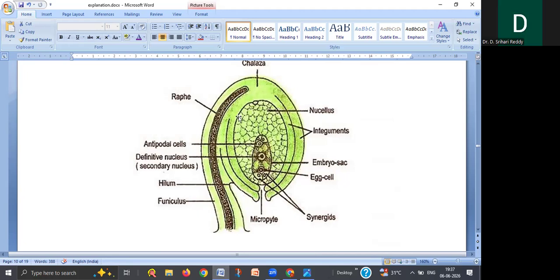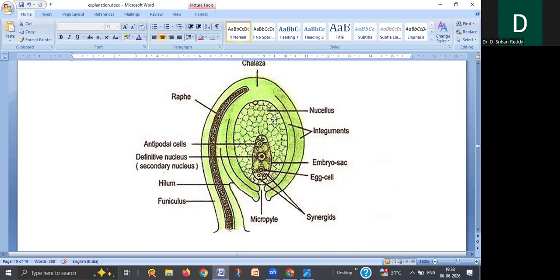So this ovule after fertilization becomes a seed. Once the ovule is fertilized, it develops into a seed. These integuments become seed coats. Outer one is testa, inner one is tegmen. And the purpose of the nucellus is to provide nutrition to the growing embryo sac.